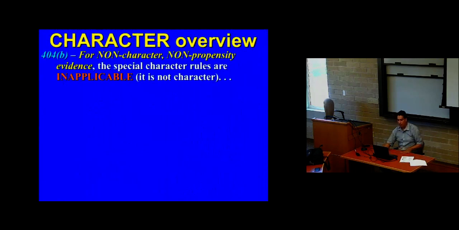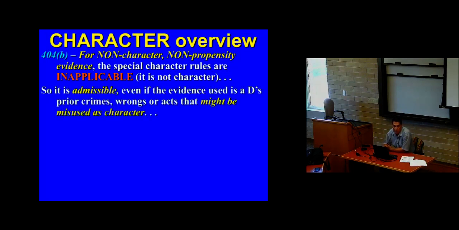All right, so now there's also Rule 404(b). This is for non-character, non-propensity evidence. So if that's the case, we know right offhand the special character rules are inapplicable because we're not talking character. So anything under 404(b) would be admissible, right?